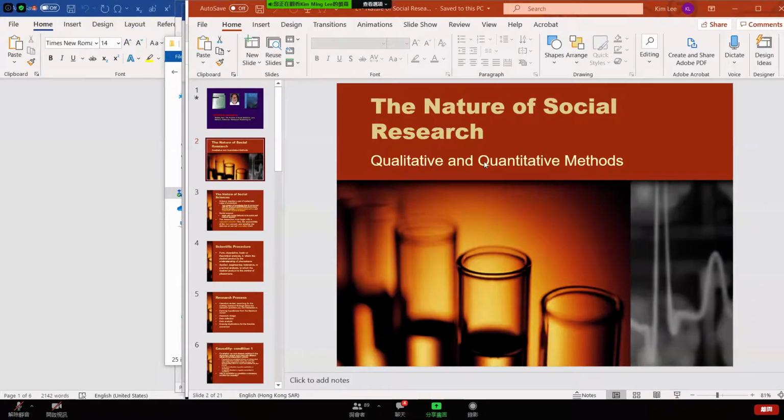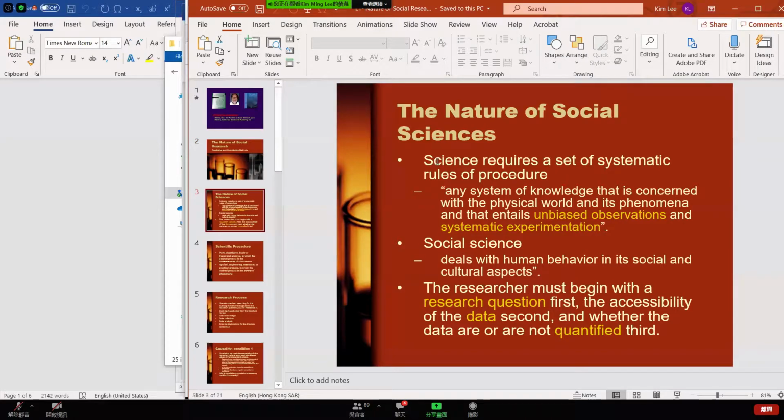So qualitative and quantitative methods. Before going through these two types of research methods, I will briefly talk about the nature of social sciences. Social science tries to imitate what happens in the natural sciences.